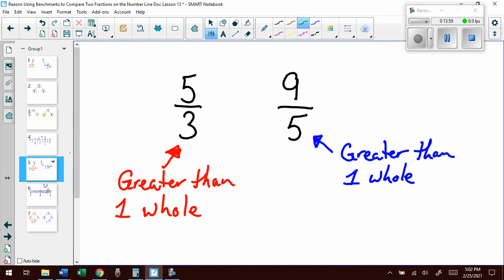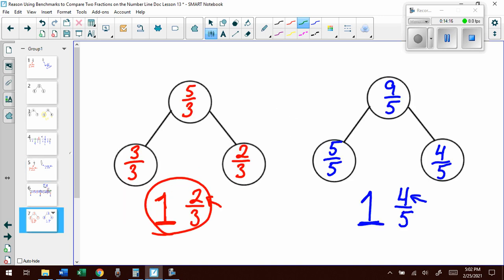So in this lesson today, we took 2 fractions that we couldn't get right off the bat. We couldn't see that one was obviously greater, because we found that we made the observation using a benchmark that they were both greater than 1 whole. Then we made a number bond. Our first bond was find 1 whole, which was 3 thirds, and what was left over.